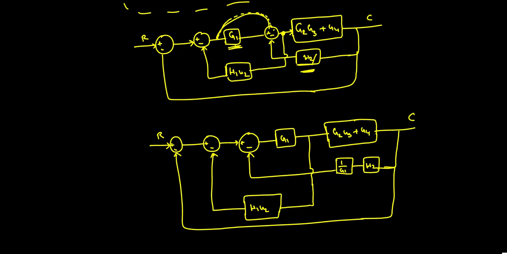Now let us understand it in a very thorough fashion. So many feedback things are there. That feedback things we have to eliminate one by one and make it as a proper block diagram.